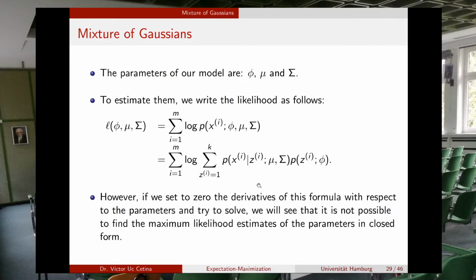We will see that it is not possible to do that analytically because we don't have the information about z. Remember that this z is one that we are introducing here, but we don't have any observations of z. We have only observations of x.